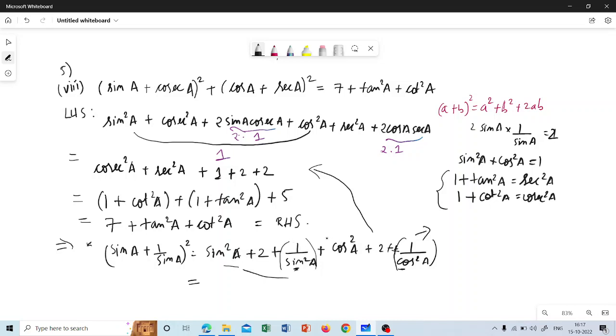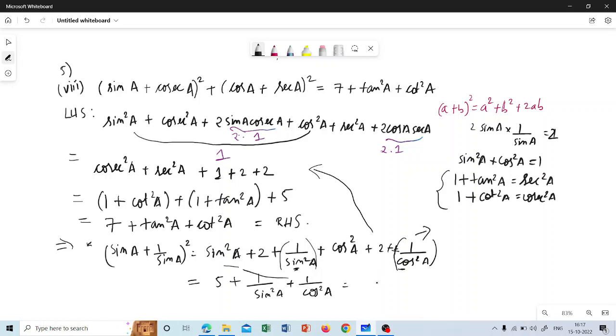So let me say that he has noticed the identity sin square a plus cos square a. So let me take 5 outside. Also I can multiply, so the remaining terms are 1 by sin square a plus 1 by cos square a.